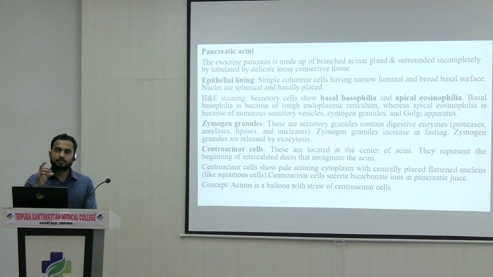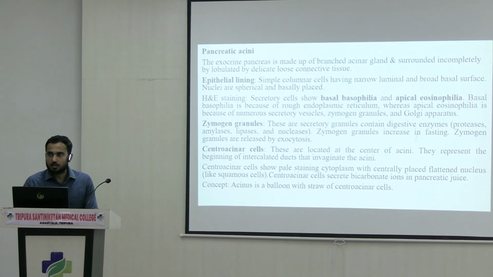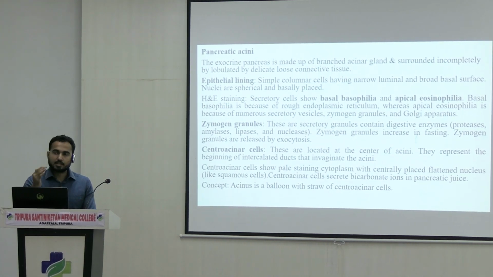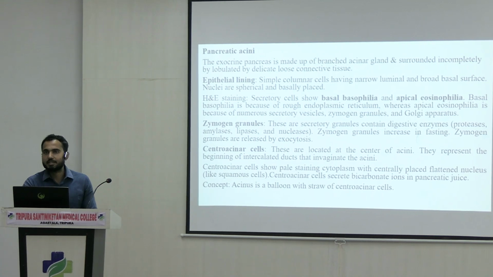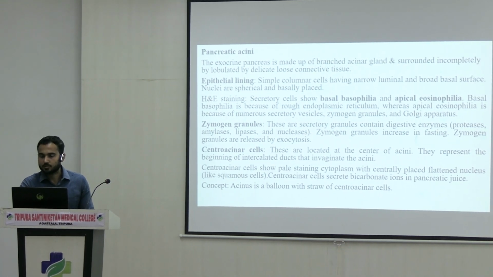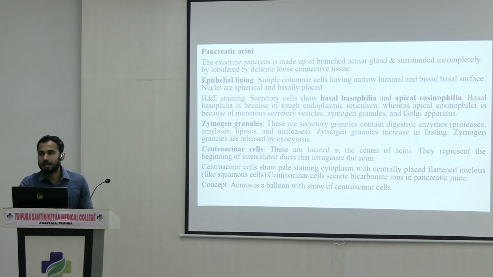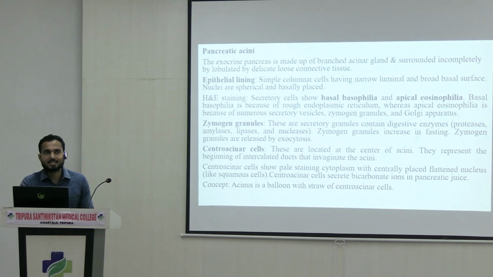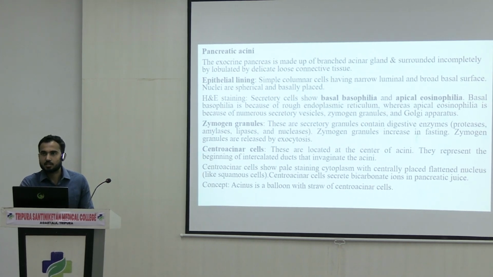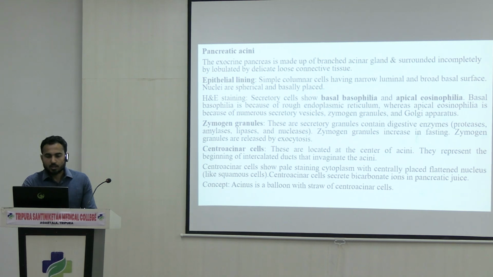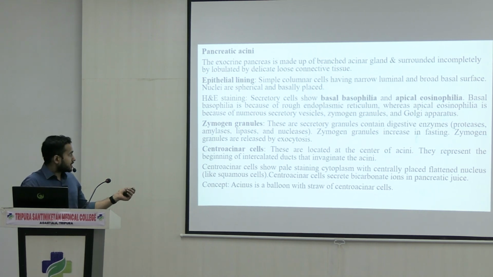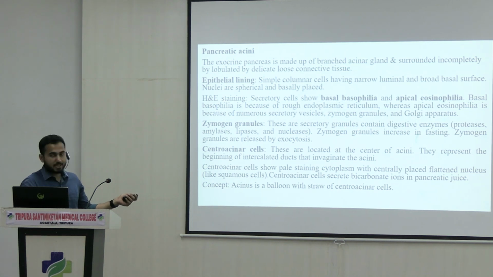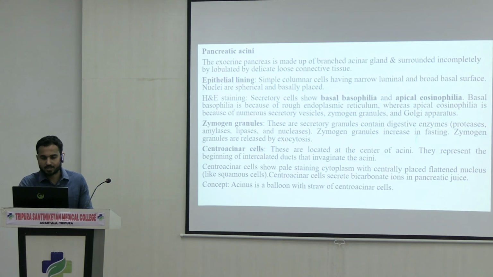Because of these parts at the basal and apical ends, the staining differences can be seen, and this is also an important identifying feature of the acinar cells. These zymogen granules are very important because they are secretory granules which contain digestive enzymes, for example protease, amylase, lipases, nuclease.